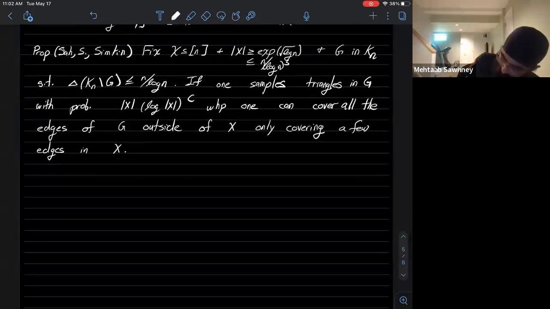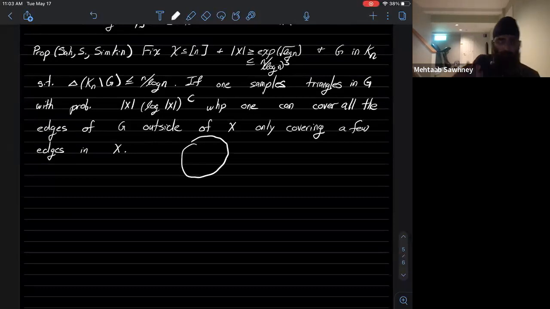So what does this mean pictorially? Initially I have my whole graph G. I'm probably going to start abusing notation: instead of thinking of the Steiner triple system as a collection of sets of vertices of size 3, I'm going to think of every set of size 3 as a triangle in a graph. And then a Steiner triple system naturally corresponds to a triangle decomposition of the complete graph, where any two triangles in your decomposition are edge disjoint.